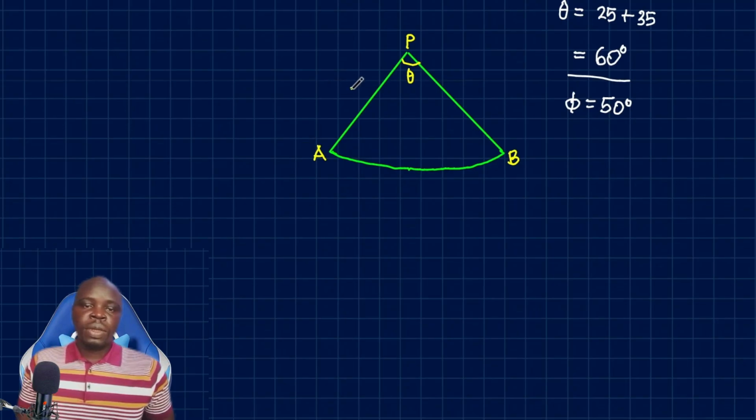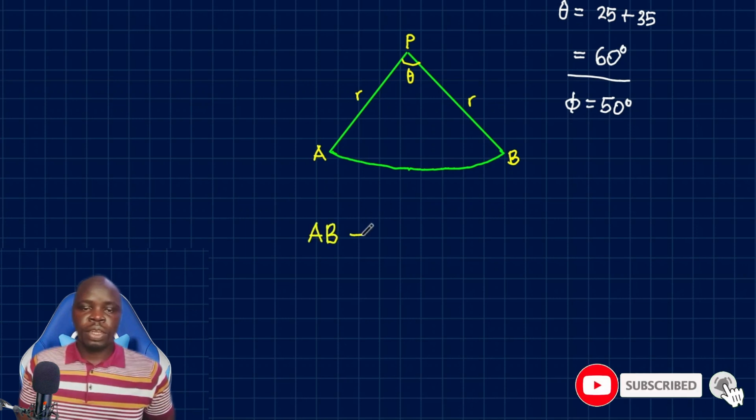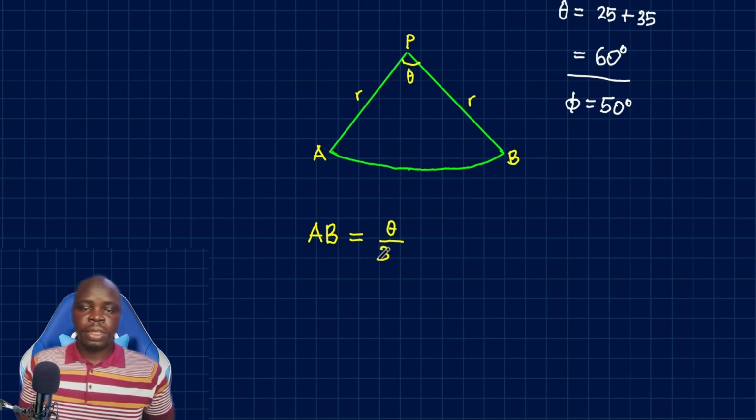Since this one here is a small r, last time we already derived the formula: small r is equivalent to the central angle, theta, over 360 degrees, times twice pi.